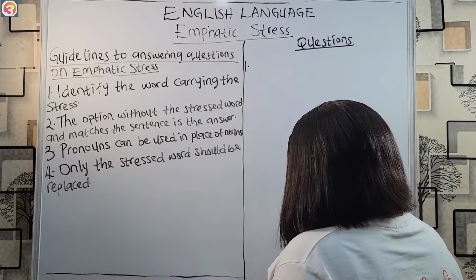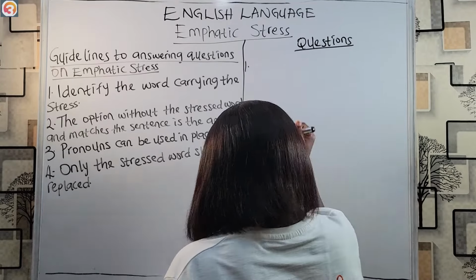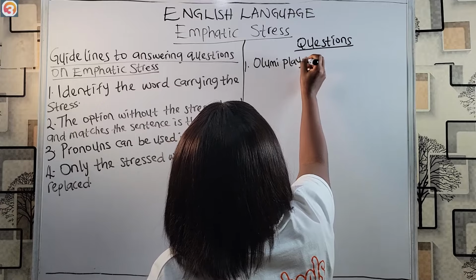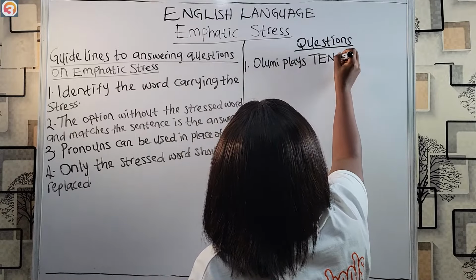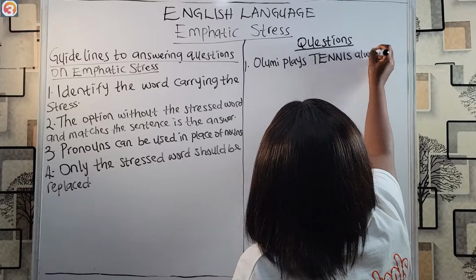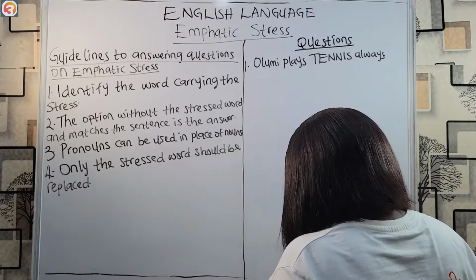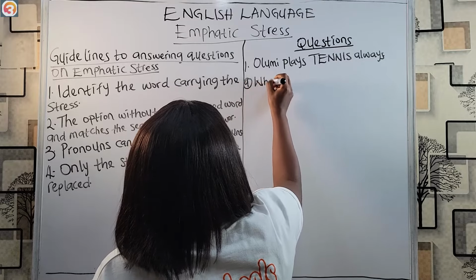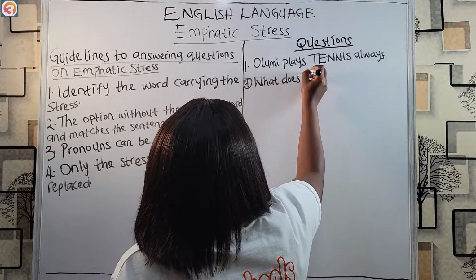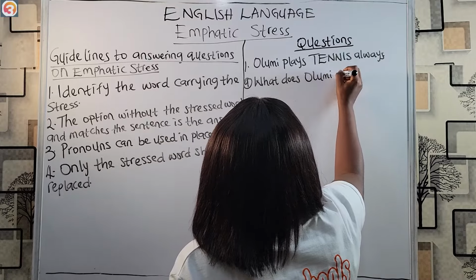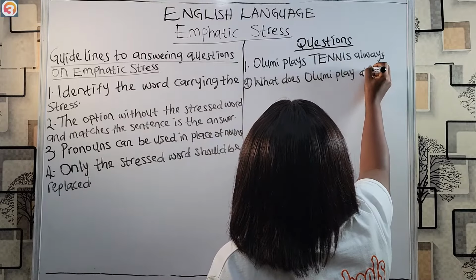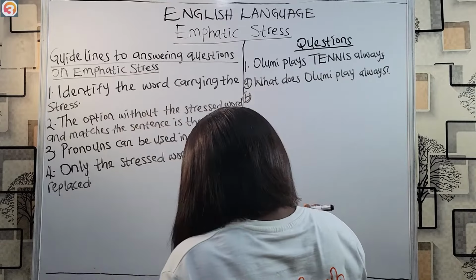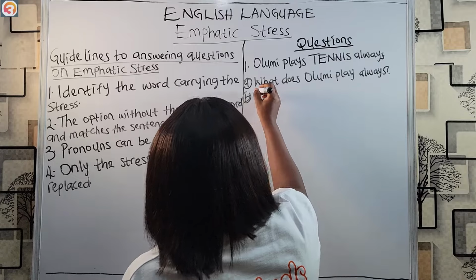You have one. Olumi plays tennis always. A. What does Olumi play always? B. When does Olumi play?